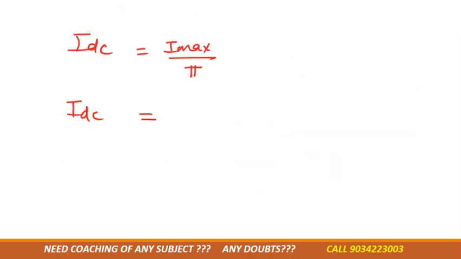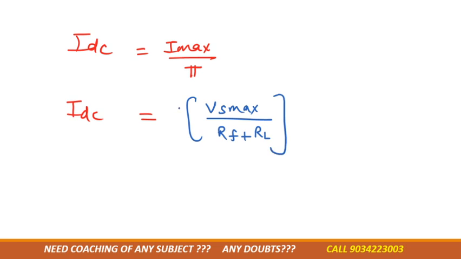We can put this one also: I max is Vs max divided by RF plus RL, that would be 1 by pi. So you can use both these formulas, depending on which value the question has given. If they have given I max, then use this one. If they have given these values, then use this formula. Okay, clear?